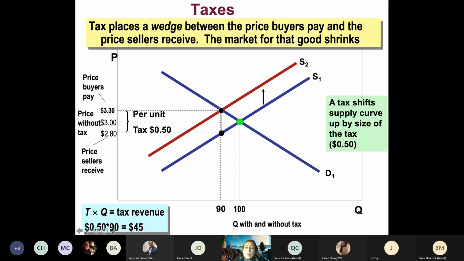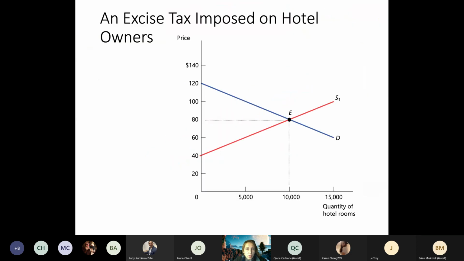So 90 units are sold. So 90 times 50 cents is $45, the amount of the tax that is collected. So it's that square area of 50 times 90. That's the tax. And yes, it reduces the amount sold.